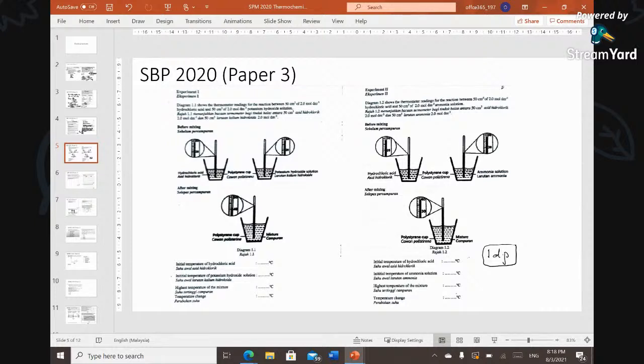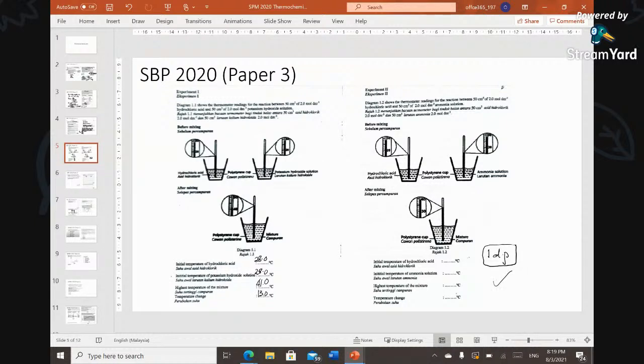Initial temperature of hydrochloric acid is 28.0, 1 decimal place. Okay, initial temperature of potassium hydroxide 28.0. Highest temperature of the mixture 41.0, and temperature change you just minus, 13.0. So everything is 1 decimal place.